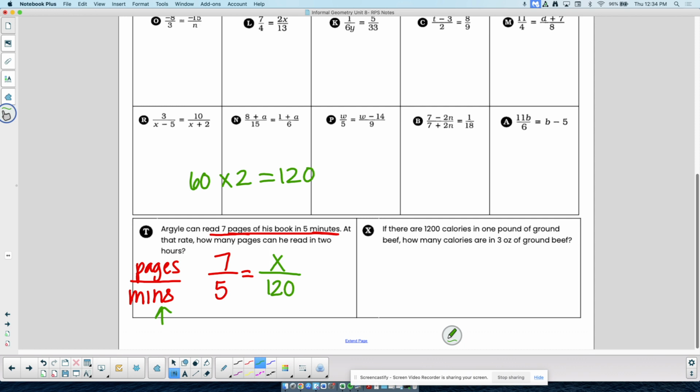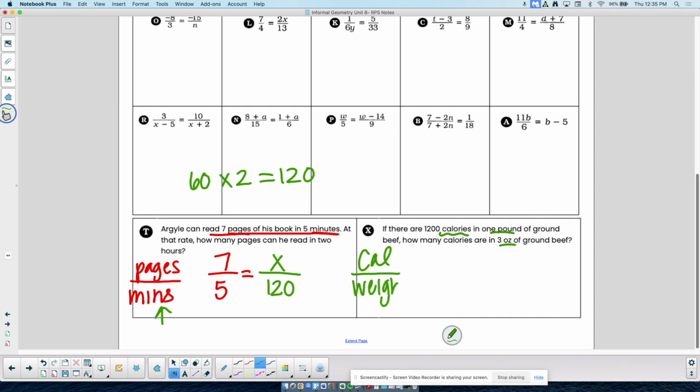Okay, then our last one here. If there are 1,200 calories in 1 pound of ground beef, how many calories are in 3 ounces of ground beef? Okay, so we have pounds and ounces we have to talk about, and then calories. So let's put calories over weight.